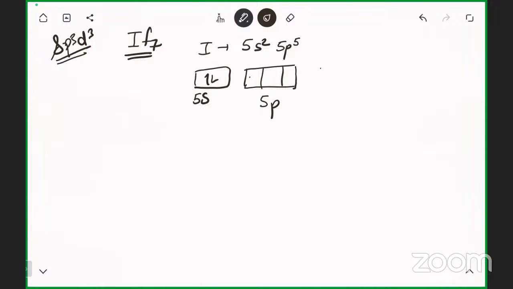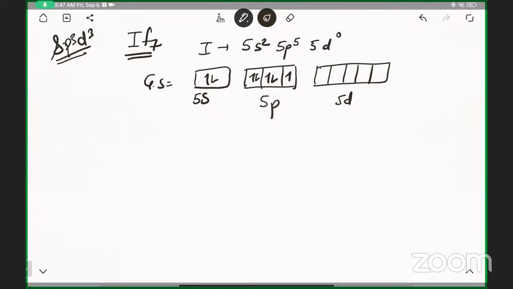So there are 5 unpaired electrons: 1, 2, 3, 4, and 5. If I talk about the d, 5d will be taken as 0. Now 1 electron from s and 2 electrons from p will undergo promotion.